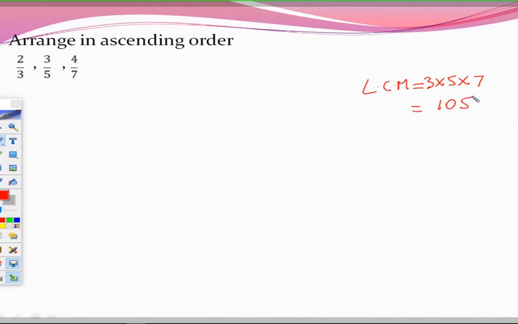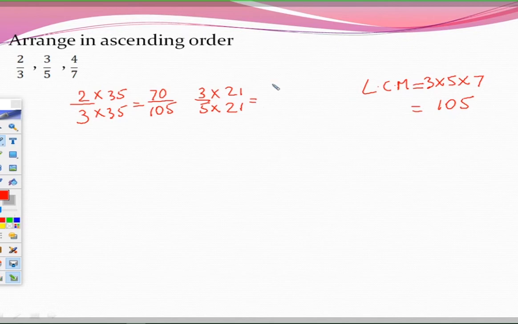Yes, now we have to change them into like fractions. 3 into 35, 2 into 35. This is equal to 70 by 105. Next 3 by 5, 5 into 21 is 105, so 3 into 21.